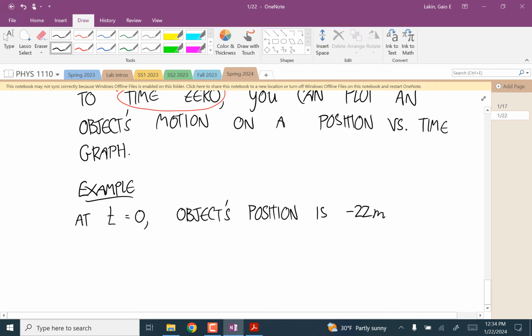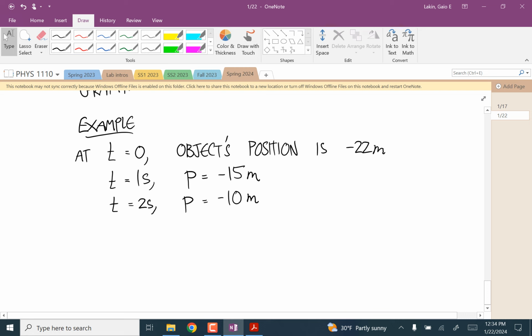When the stopwatch says 1 second, the object's position is negative 15 meters. When the stopwatch says 2 seconds, the position is negative 10 meters. And when it says 3 seconds, the position is negative 2 meters.